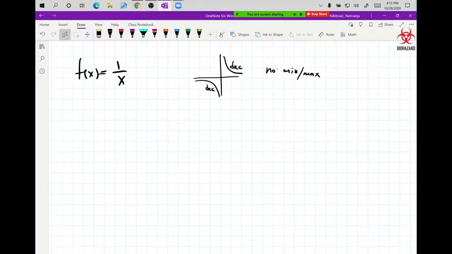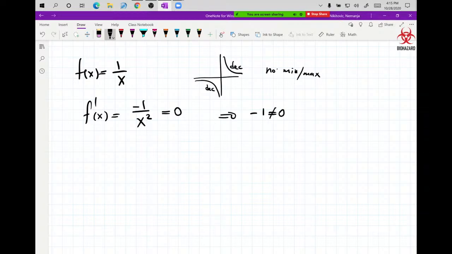So here we go. The first order of business, get the derivative, and that's going to be negative 1 over x squared. So now when you set that equal to 0, you cross multiply, you get negative 1 equal to 0, which is nonsense. That means no critical point.